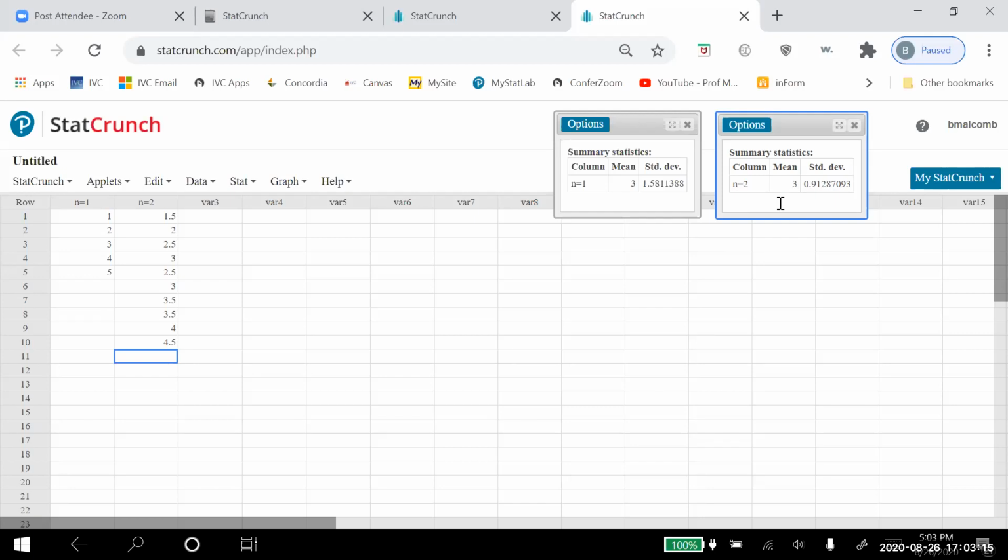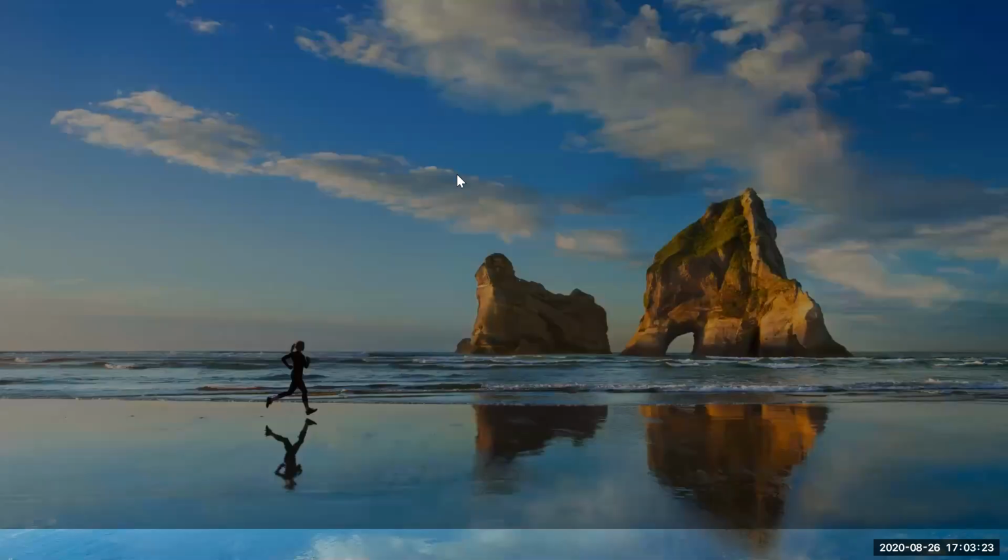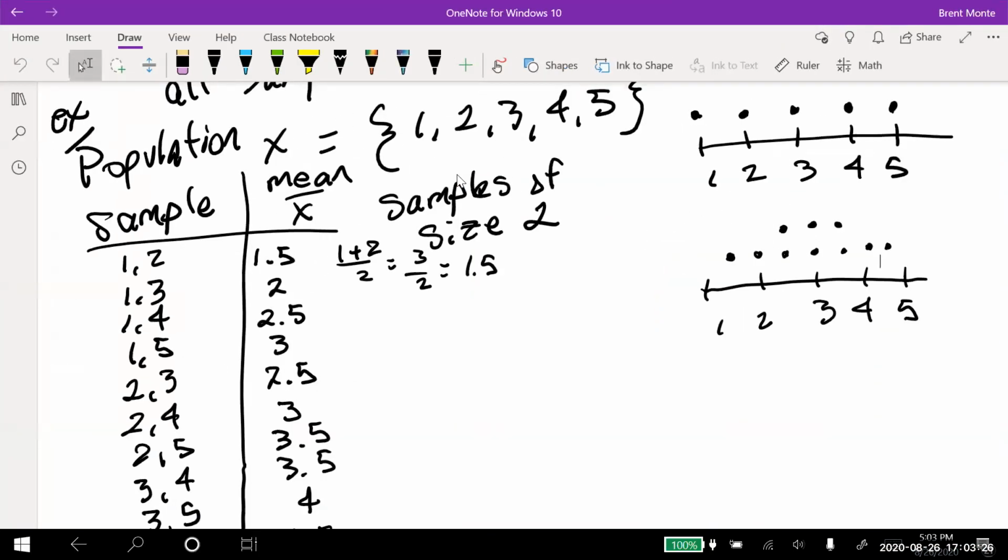So here's what's happening. I've got all my values, and we can go back into the notes. What we found was this. When n was equal to 1, just our population, we got a mean of 3 and a standard deviation of about 1.58 rounded off.